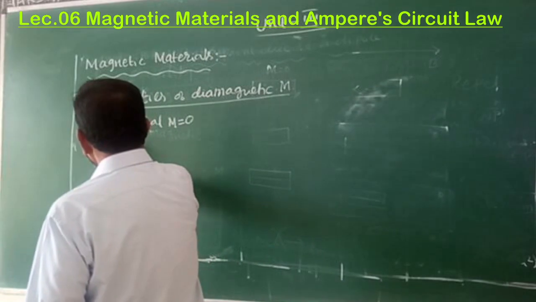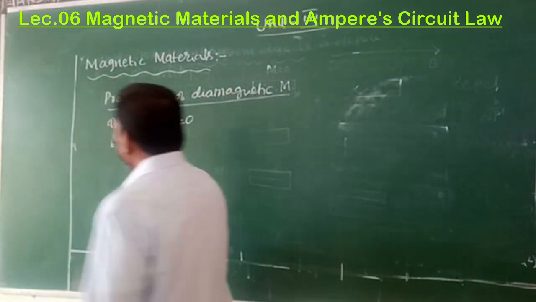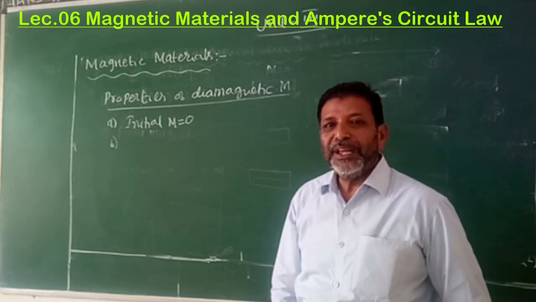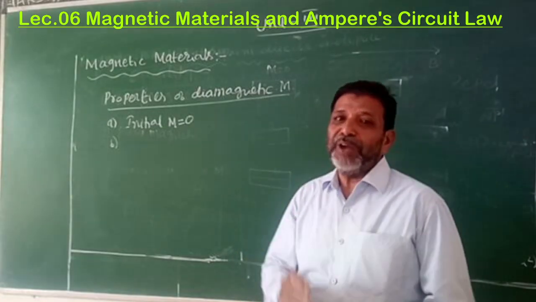The second property is when this diamagnetic material is placed in a non-uniform magnetic field.